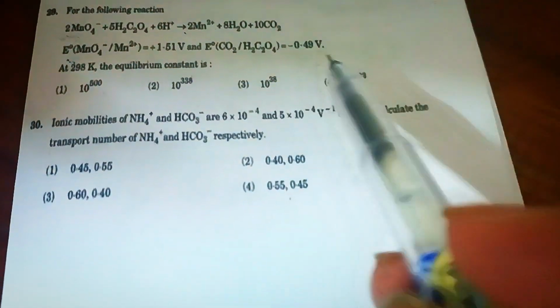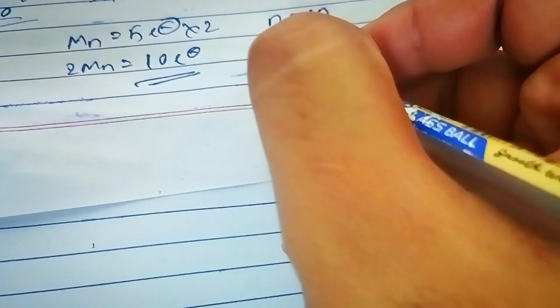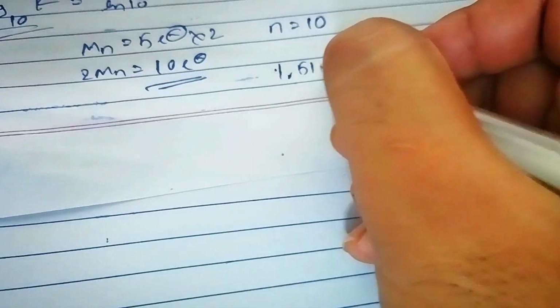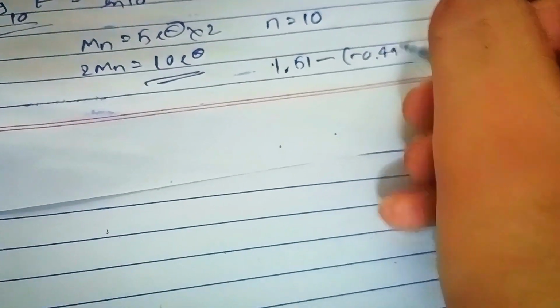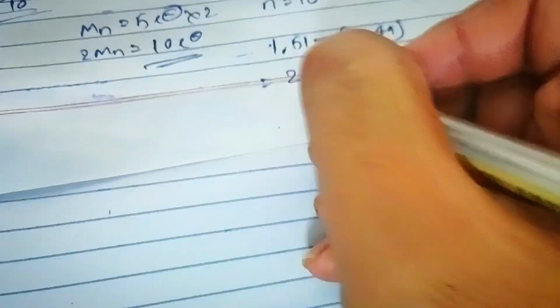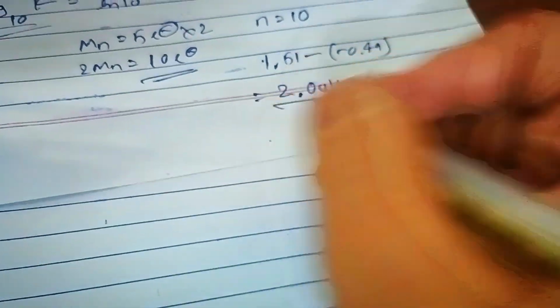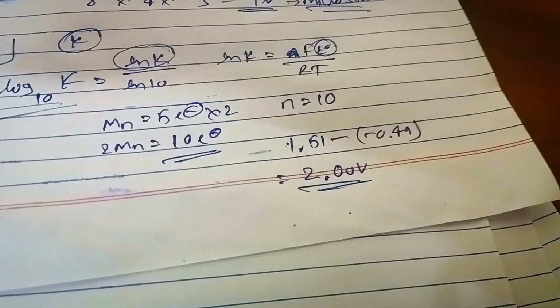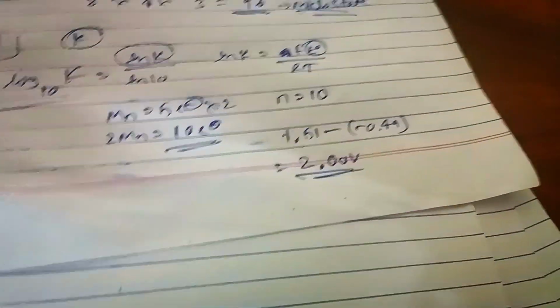And for E0, what is there? 1.51 and minus 0.49. Okay. 1.51 minus of minus 0.49, which is approximately 2 volts, right.